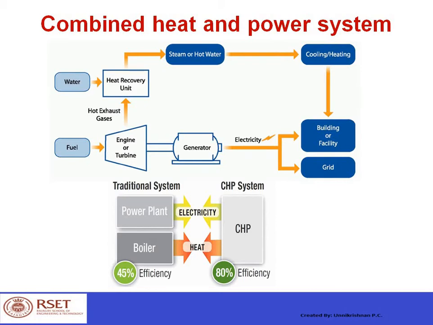By using a CHP system, we can increase the efficiency of a traditional power plant from 45% to 80%.